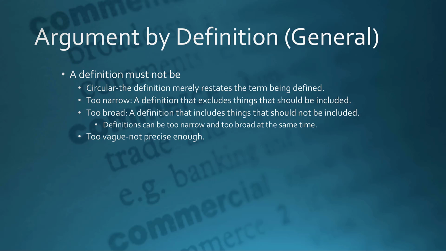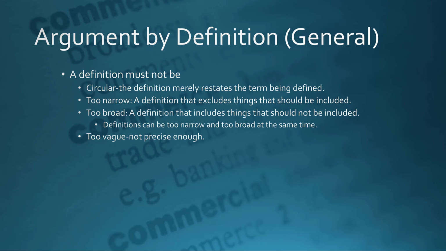Now, definitions can also be too vague, and typically when a definition is too vague, that means it's not precise enough. They're also typically too broad. Definitions can also be ambiguous, and ambiguity means that there are two or more meanings and it's not clear what is intended. In that case, if someone gives an ambiguous definition, you wouldn't know what they mean.